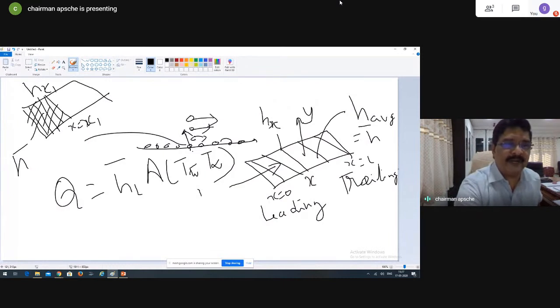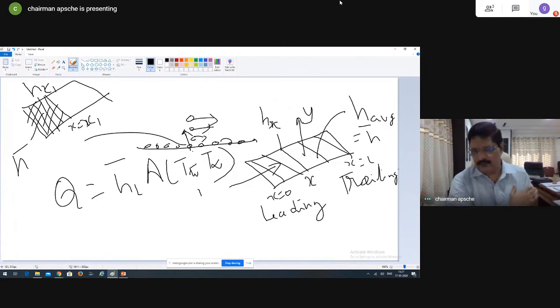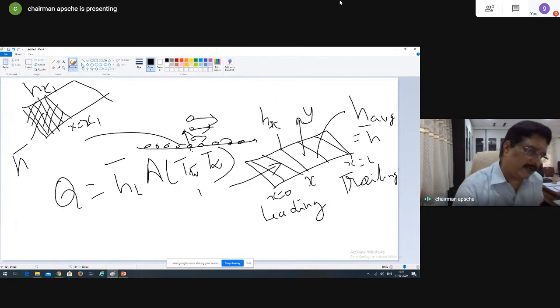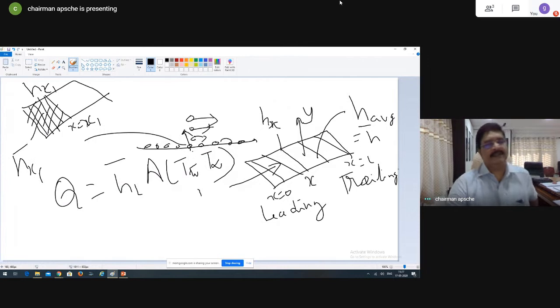So you can calculate the average over a portion of the length of the plate, or over the entire length of the plate. When you are getting the average of the heat transfer coefficient over the entire length of the plate, you call it h L bar. Whereas if you're calculating the average heat transfer coefficient over a particular distance, a portion of a length, then you have to indicate the location up to which you have calculated the average.